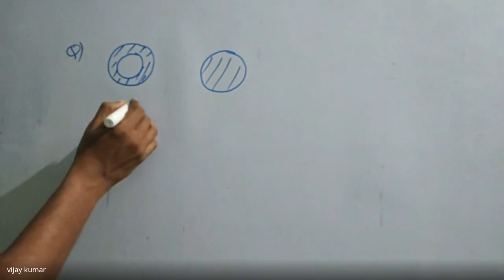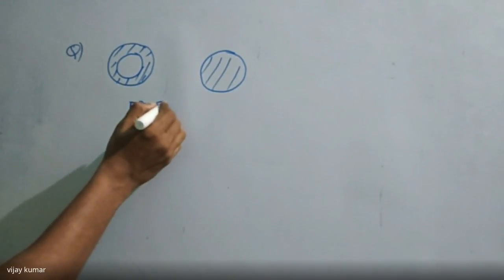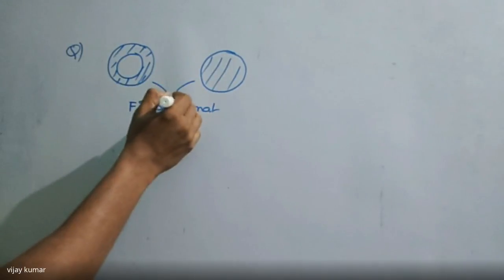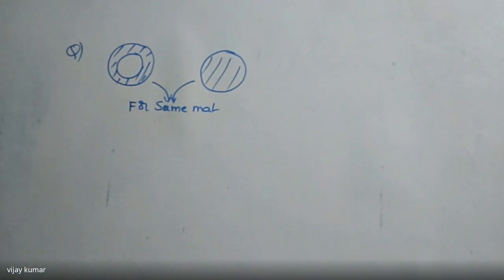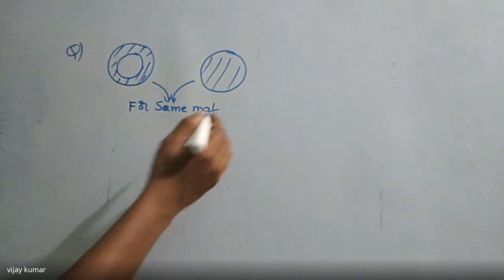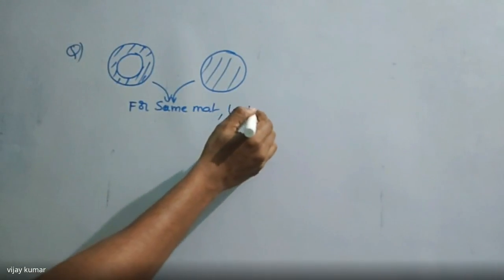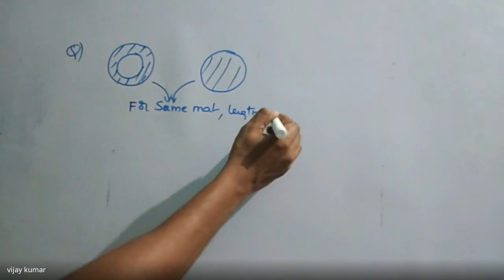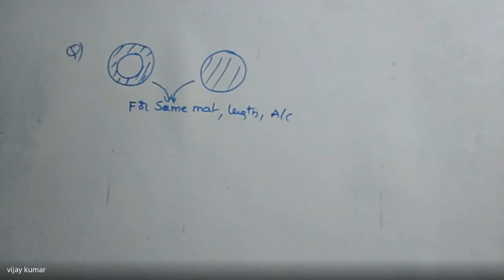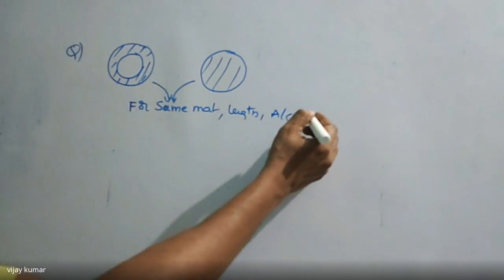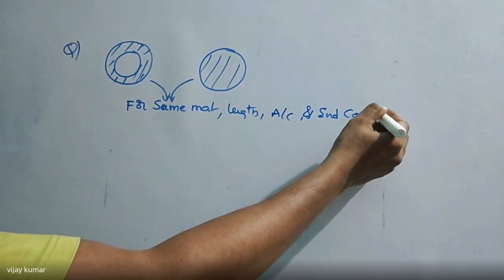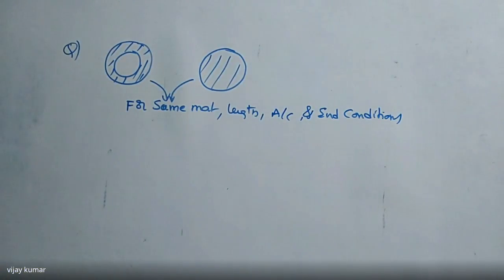So for the same material, both are made of same material and having the same length, area of cross section and the end conditions.